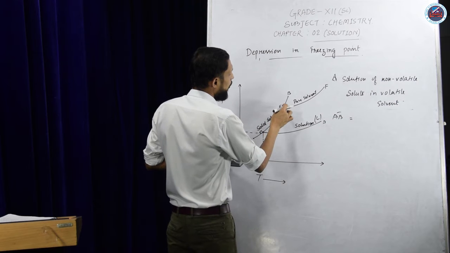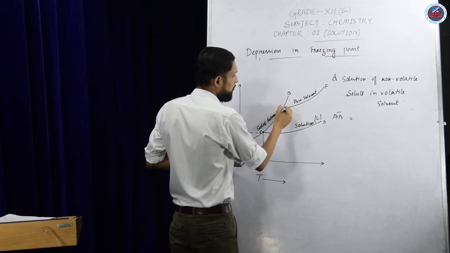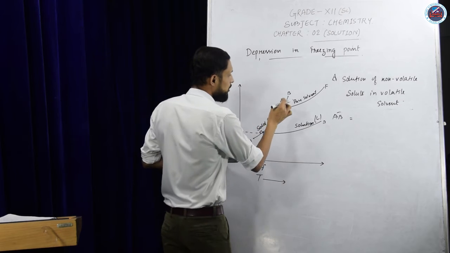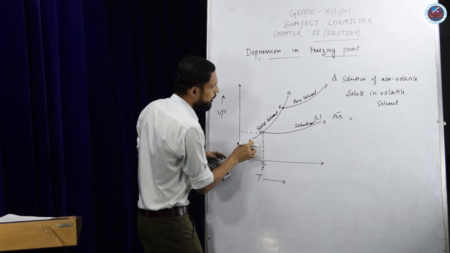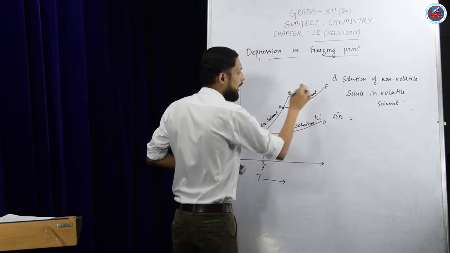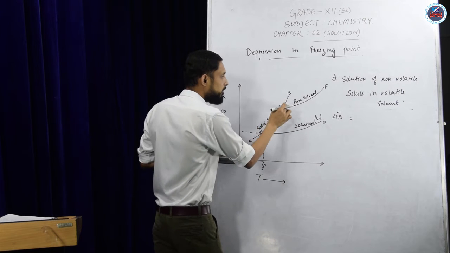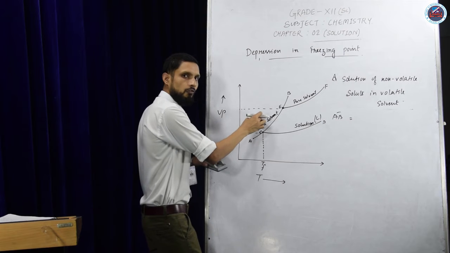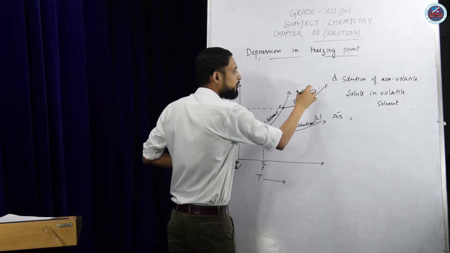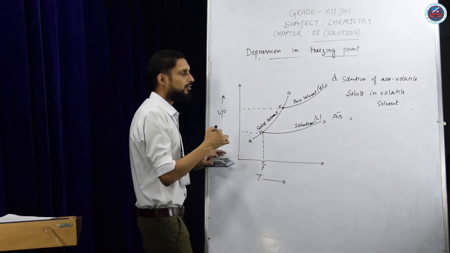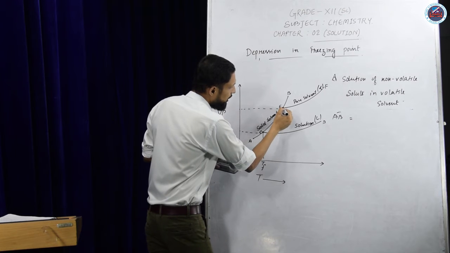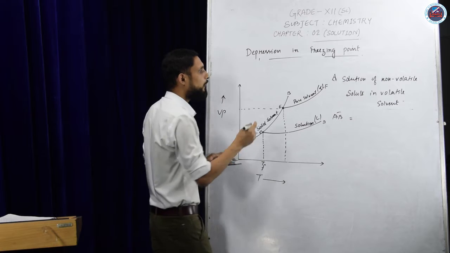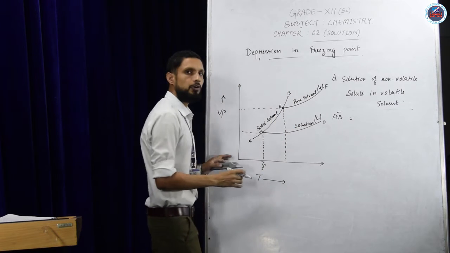Similarly, for EF, point E represents the intersection point of curves AB and EF. So at point E, the vapor pressure of the solid solvent and the pure solvent in liquid state is the same. So the temperature with respect to point E represents the freezing point temperature of pure solvent.